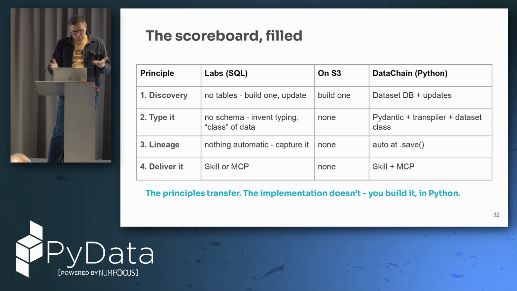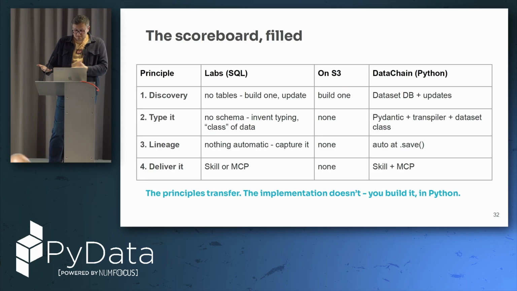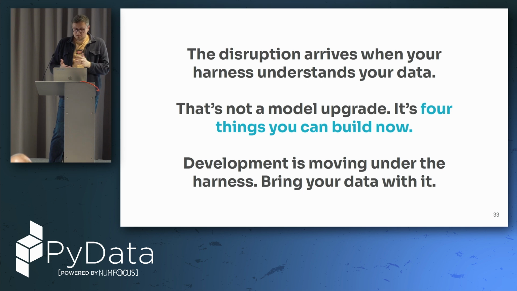And the delivery process, obvious, very standard: skill or MCP or both. That's how your Claude Code or API or Codex understands the context, and that's how you can become more productive when dealing with the data.